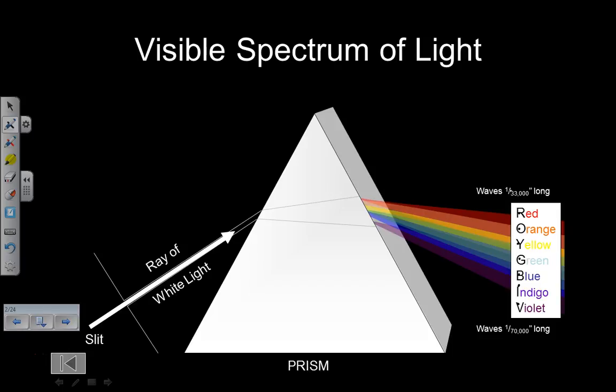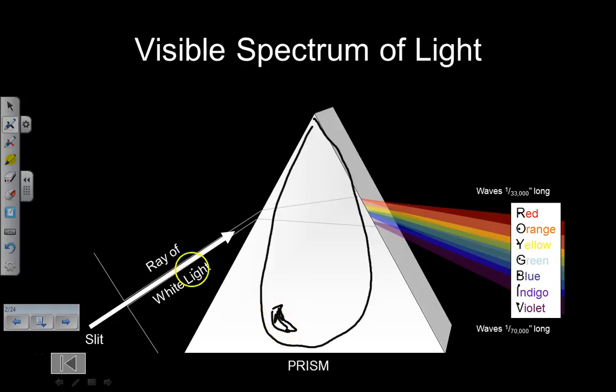Now, I say rainbow because how does a rainbow actually work? Well, a raindrop actually acts as one of these crazy little prism things. And so when light from the sun goes through a raindrop, it separates the white light into rainbows, and that's what we see in the sky.